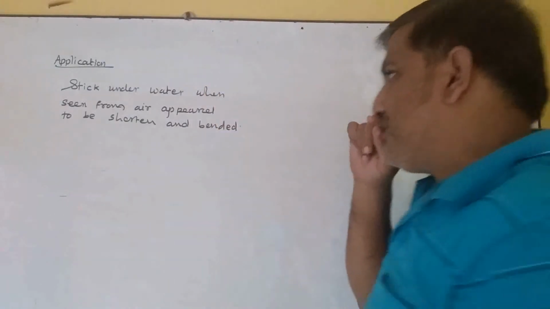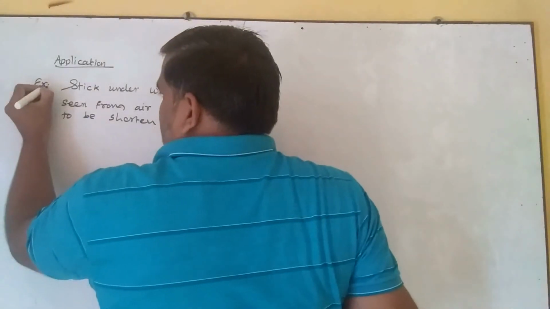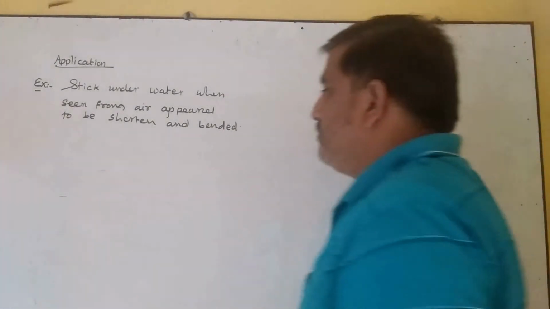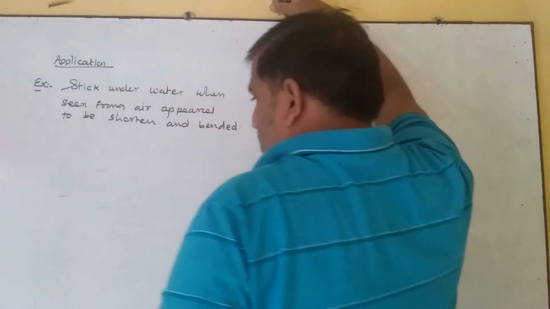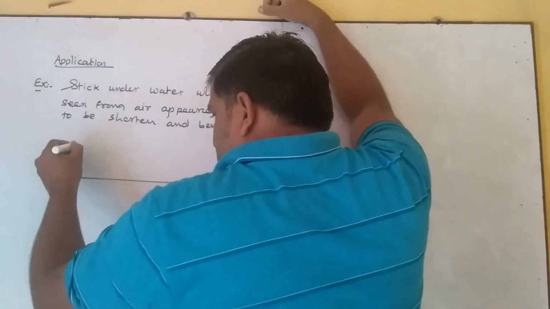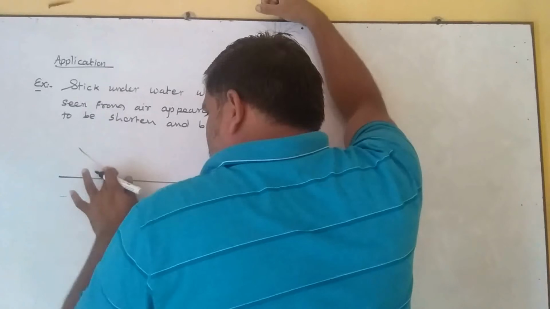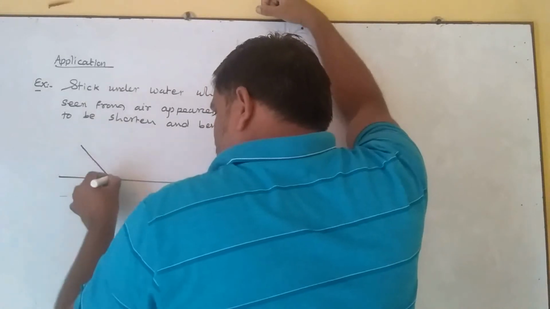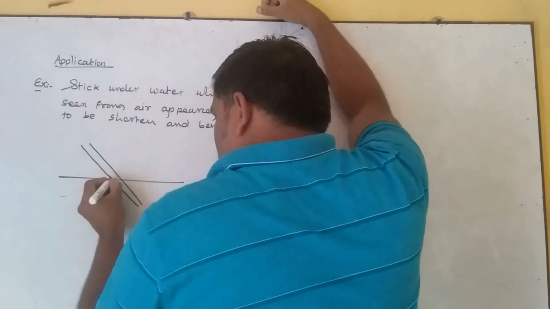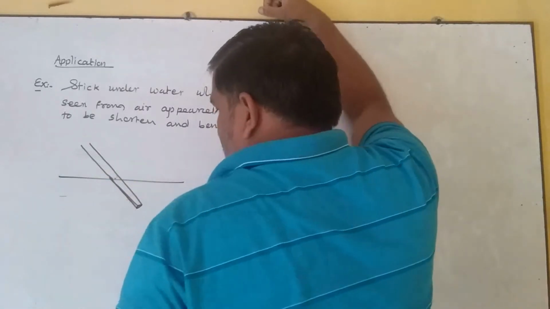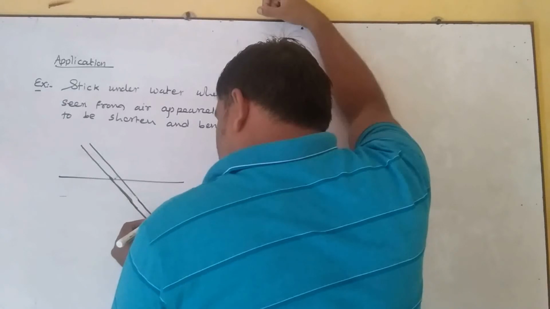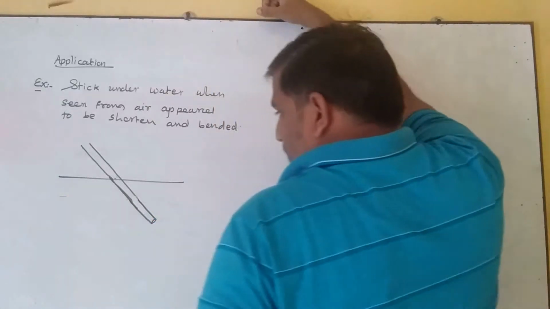This question is asked to explain, right? So we draw a ray diagram. Assume that the stick is inserted over here in the water. From air to water means some part is inside the water and the remaining part is outside the water, or I can say in air, right?